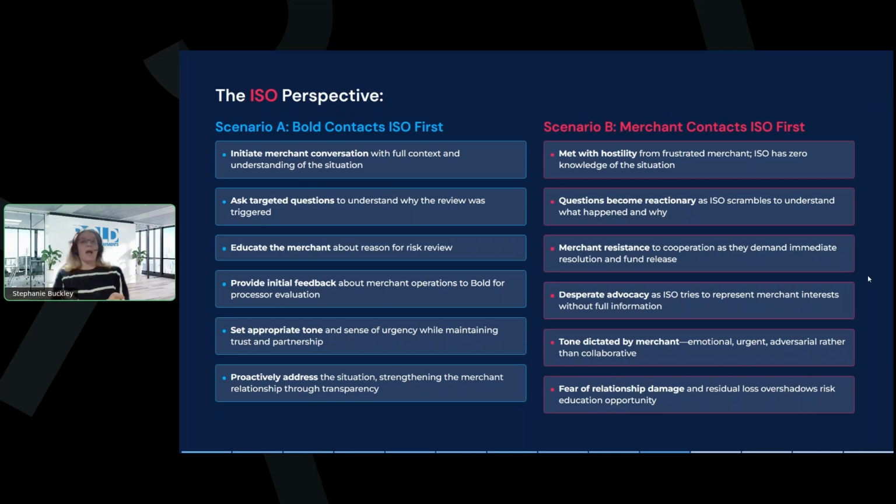You also might already know things about the merchant. They might have already called you and told you about this $10,000 transaction. So you're actually able to educate us quickly on some of the pieces of the information so that we can go ahead and pass that to the risk department and get that process taken care of. And that way we're dealing with it a little bit more proactively because we're setting the tone, right?